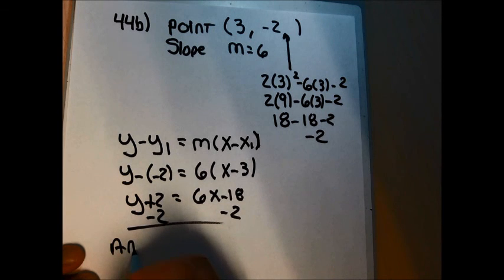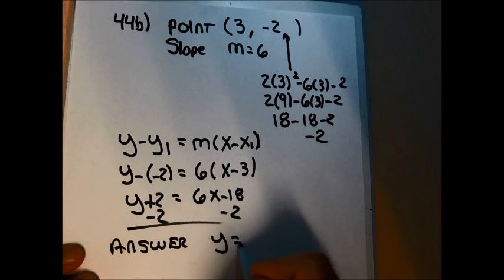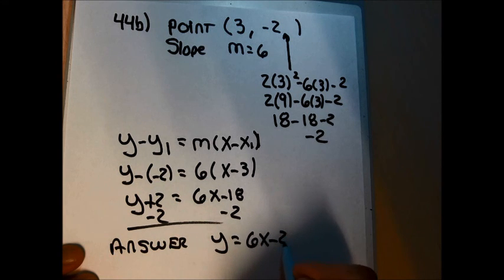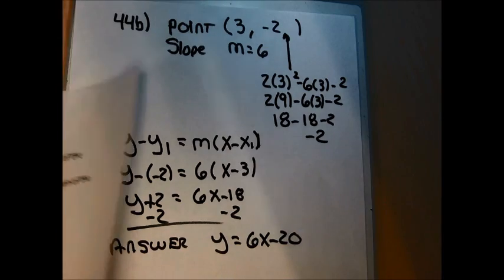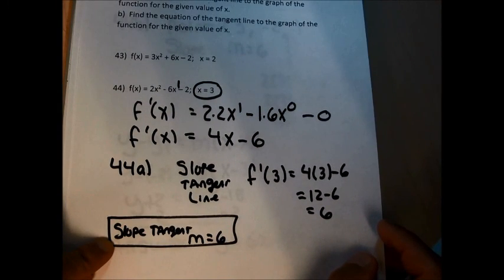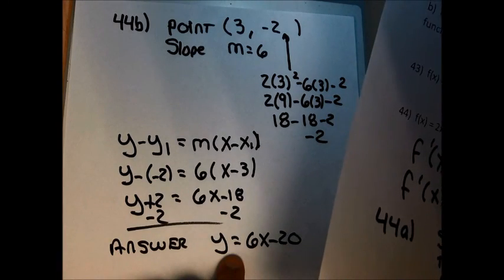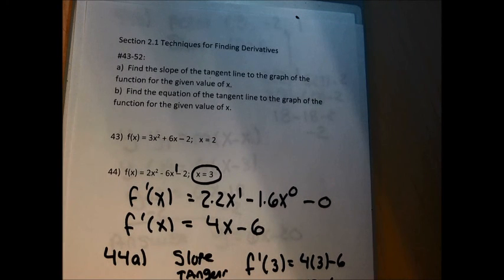My answer for 44b, the equation of the tangent line, is y equals 6x minus 20. So the two parts to 44: part A, find the slope of the tangent line, is 6. Part B, find the equation of the tangent line, it's y equals 6x minus 20. You should be able to do problem 43. It's just the same sort of problem.